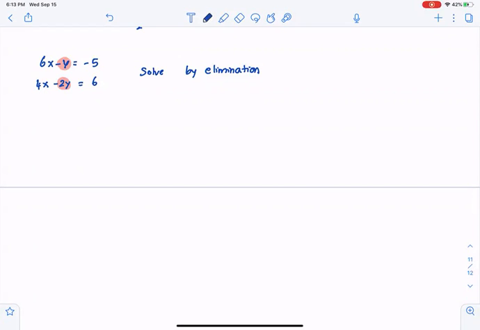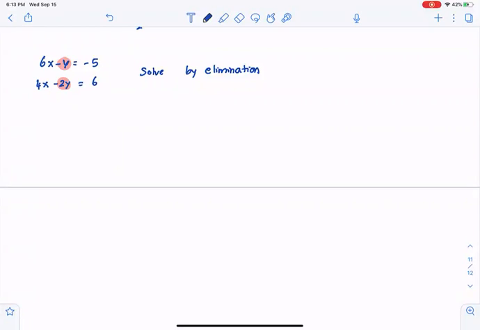And as I mentioned, you can either subtract or add. There are some who prefer to add all the time, some who prefer to subtract all the time. For me, either would work. So I will always multiply by a positive number.